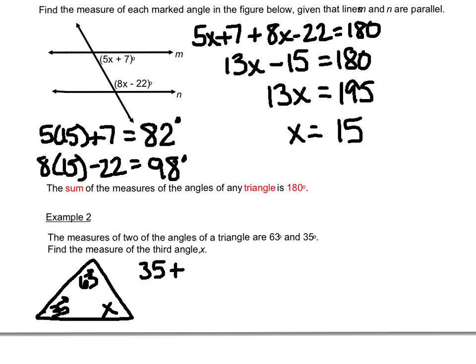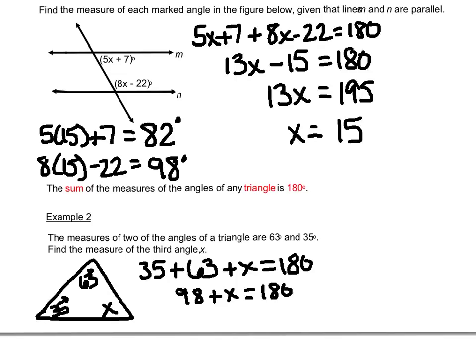So we have 35 plus 63 plus x equals 180. When we add the 35 and the 63, we get 98 plus x equals 180. Subtract the 98 over, and we get 82 degrees. And we have completed example 2.